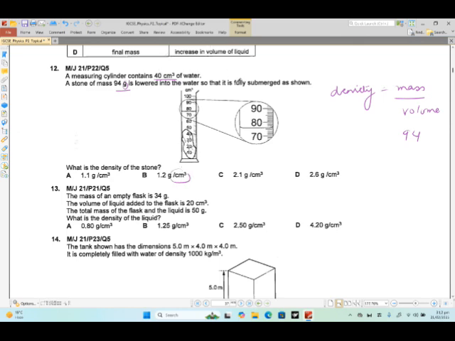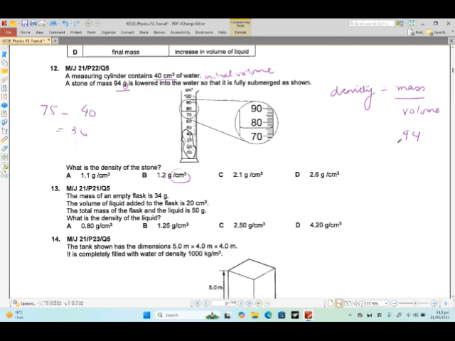The initial volume has been given, which is 40 centimeter cube. And after this rock has been dropped into it, the new volume is 75 centimeters cube. So to find the volume of the rock, we need to subtract 40 from 75, which gives us 35.